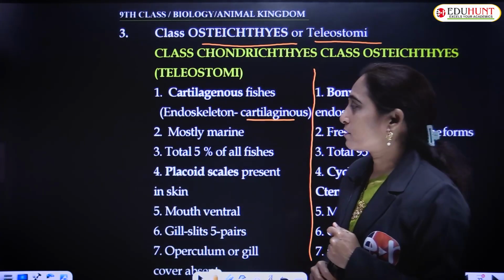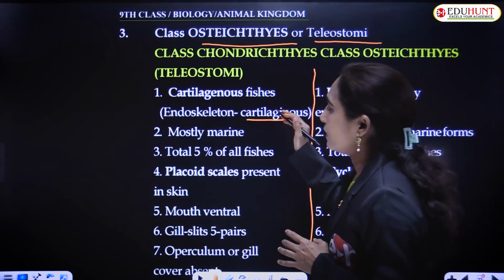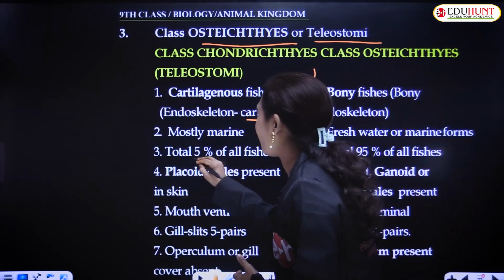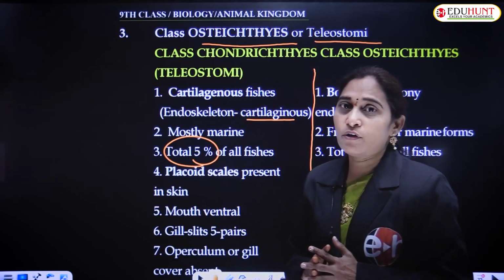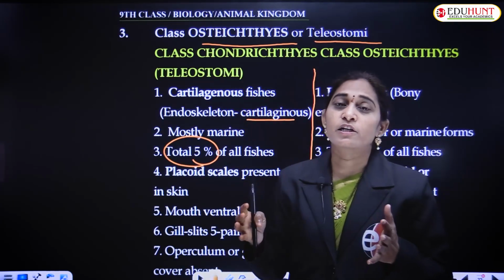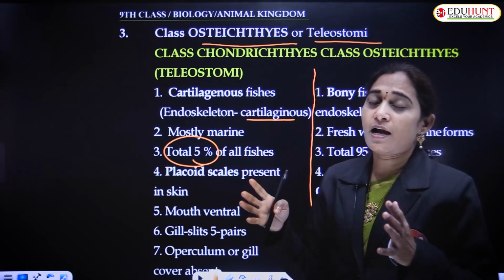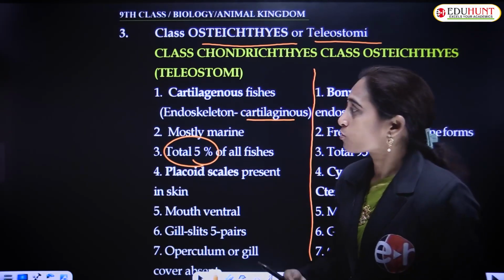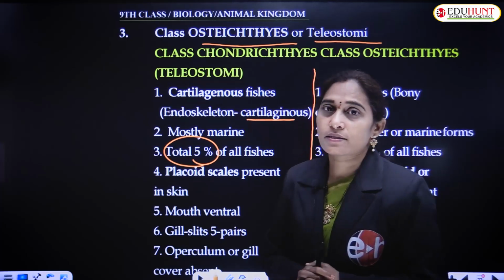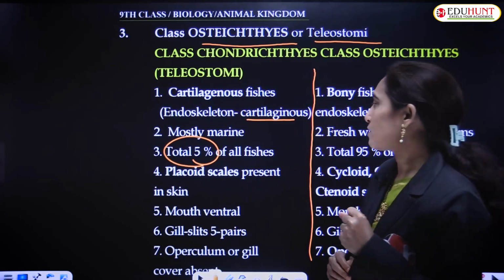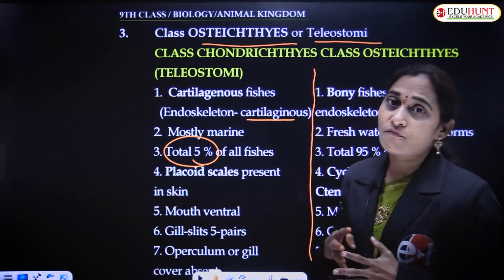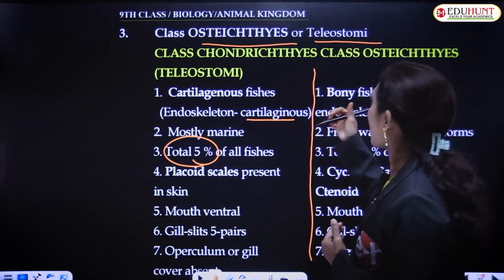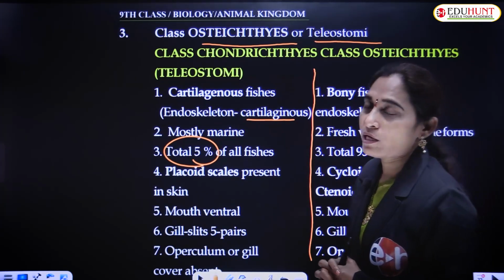If you take the fish population as 100%, up to 5% belongs to the class Chondrichthyes, the cartilaginous fish, and the remaining 95% are Osteichthyes, the bony fish.